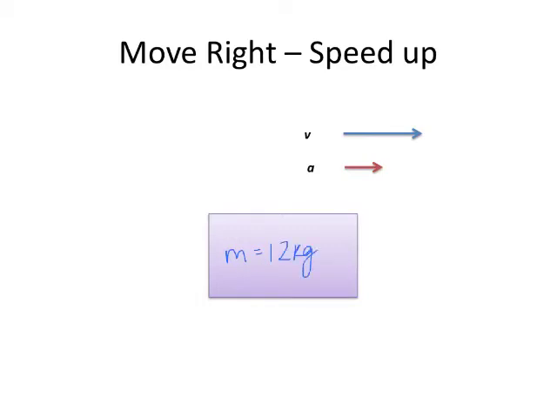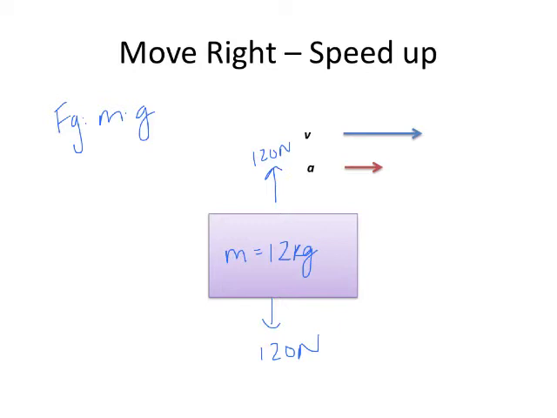From here you should be able to figure out F sub g. That's going to be your mass times gravity. So that'll be 120 newtons down, 120 newtons up. We will stick with things on surfaces. So the y net force will still be 0, but our x net force is going to be some sort of value that ends up not being 0.